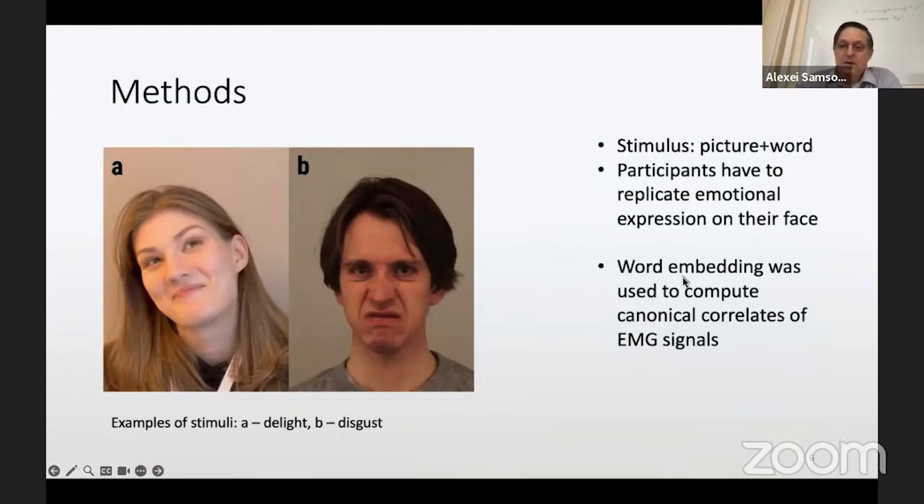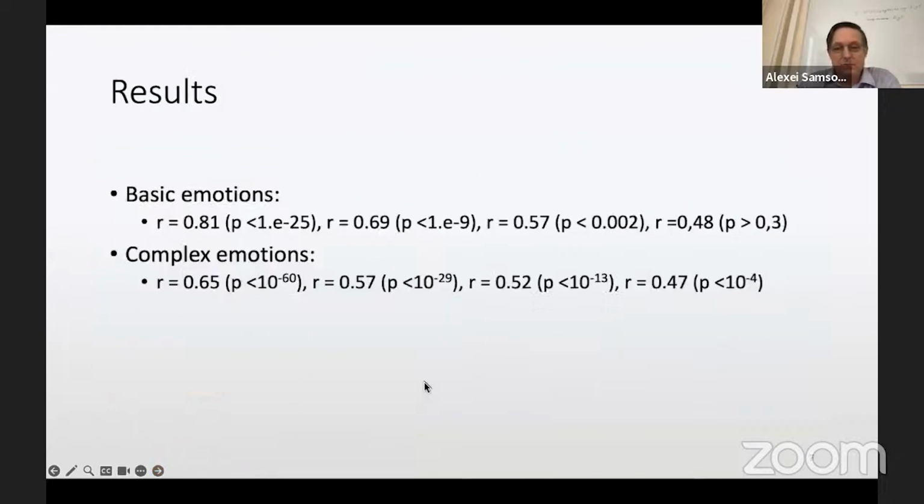We used word embedding, an analog of word-to-vec embedding for Russian words, to represent emotions in multidimensional space. And then we computed canonical correlation between representations of emotions in that multidimensional embedding and in EMG signals.